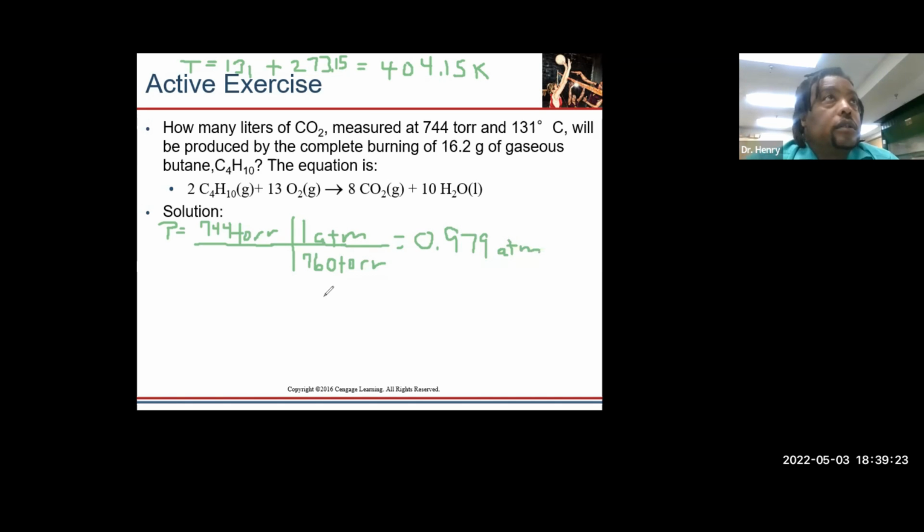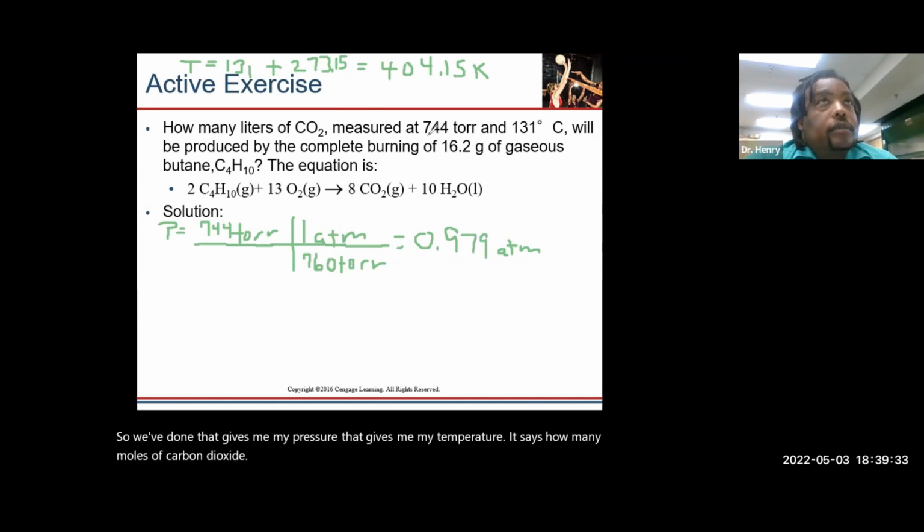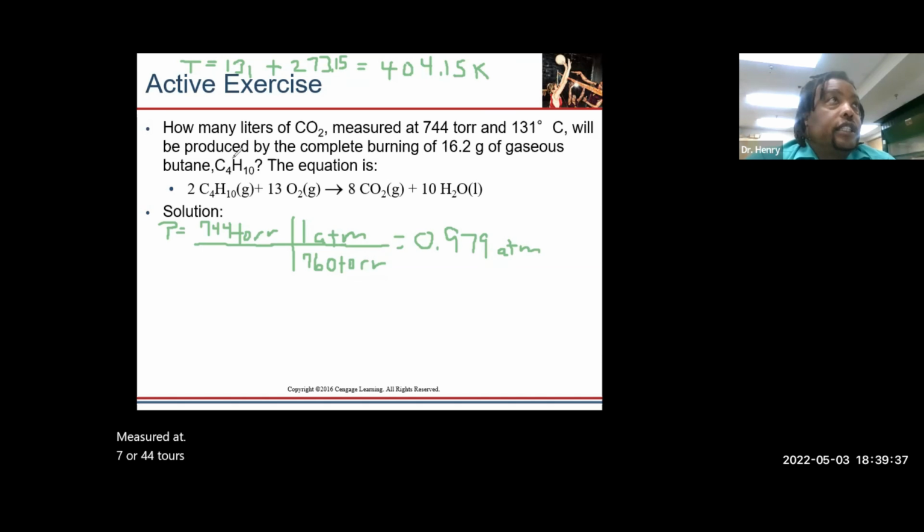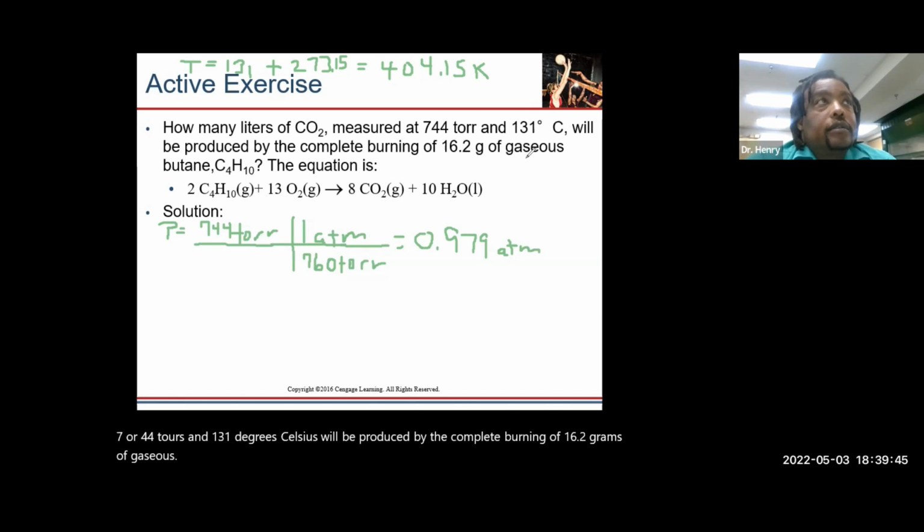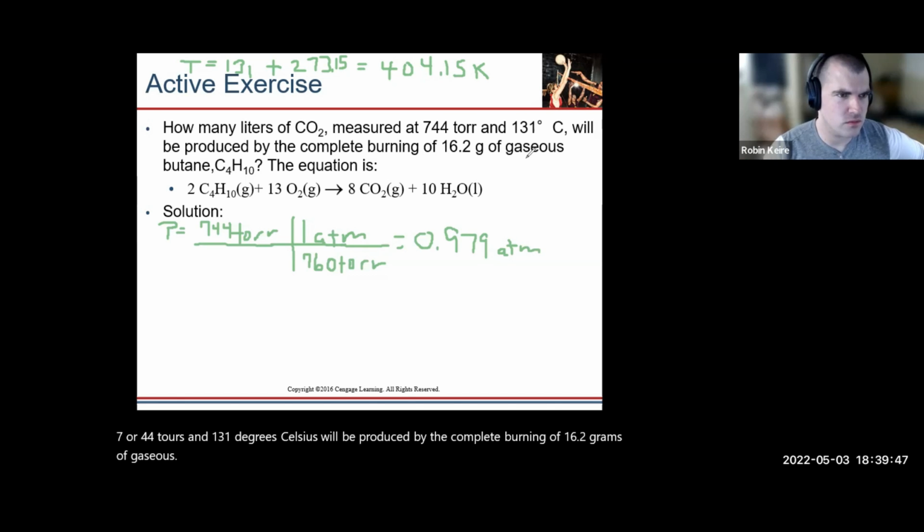Okay, so we've done that. That gives me my pressure and my temperature. It says how many liters of carbon dioxide measured at 744 torr and 131 degrees Celsius will be produced by the complete burning of 16.2 grams of gaseous butane.